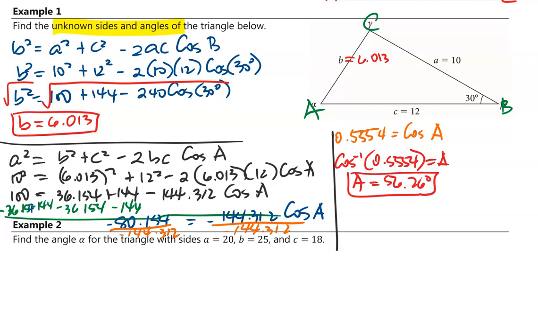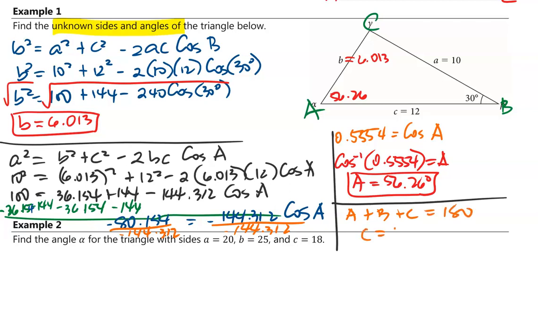And to solve for angle C, we know again that A plus B plus C is equal to 180.